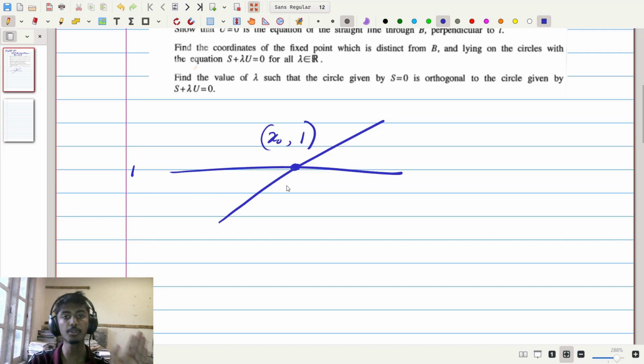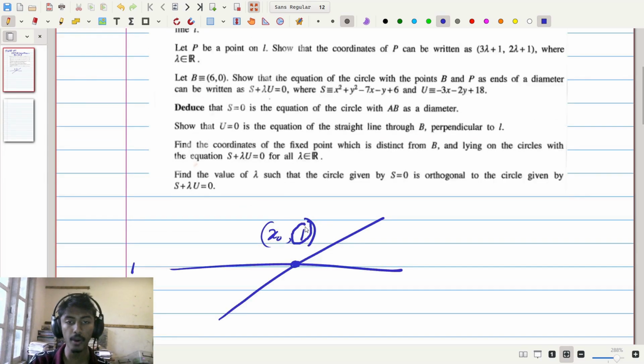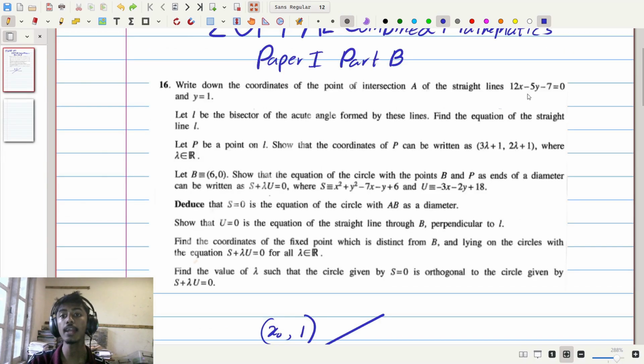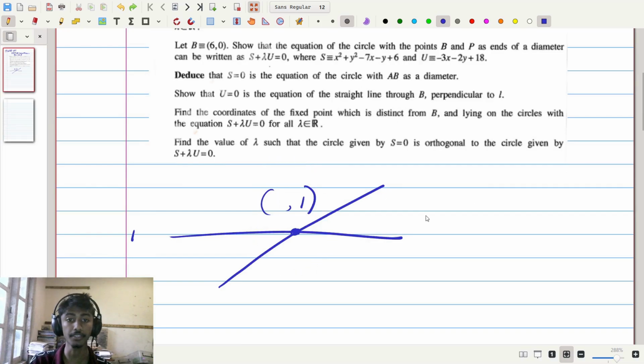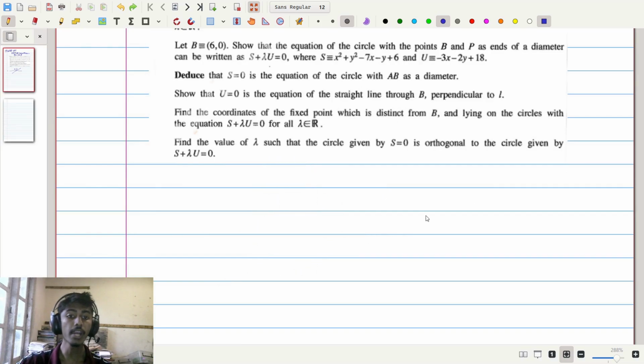What we have to do is substitute y equals 1 into the other line and find the corresponding x value, which is going to be the x value of the intersection point of the two lines. So we take the lines 12x minus 5y minus 7 equals 0 and y equals 1, and substitute y equals 1 into the first line.